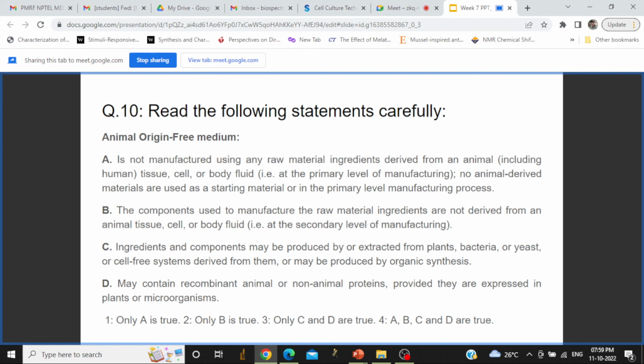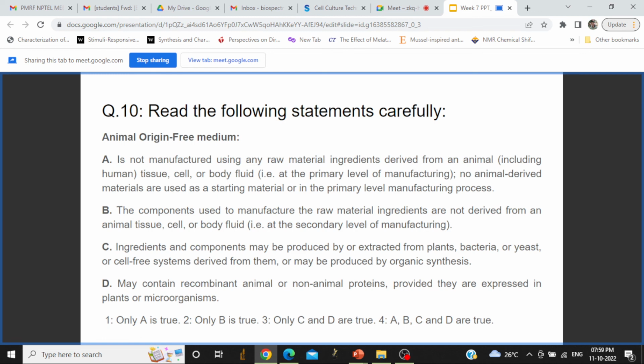So the animal proteins, if they are necessary to be added, may be isolated from the recombinant DNA technology. Using that recombinant DNA technology, if protein A is necessary, and protein A is an animal protein that should be added in this animal origin free medium, for the recombinant DNA technology, we should know the gene of that protein A, and the gene of that protein A should be expressed only in a plant cell or microorganism.